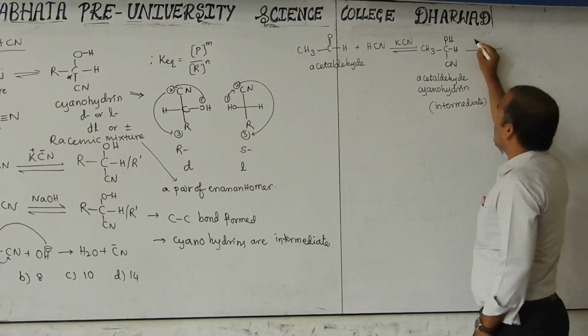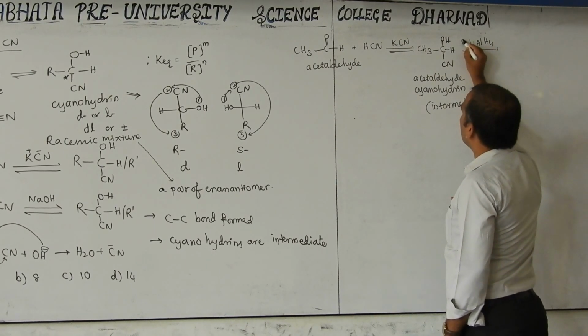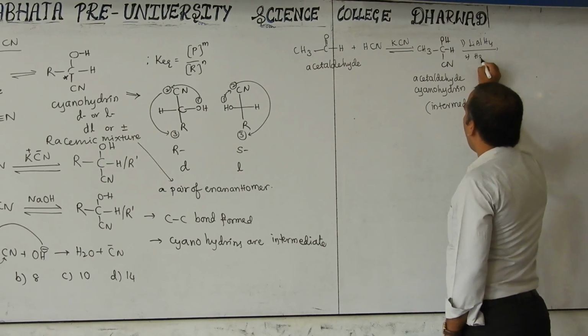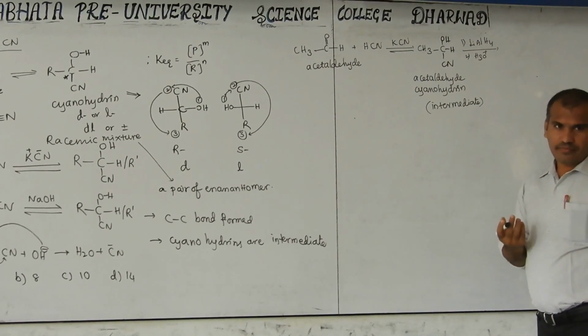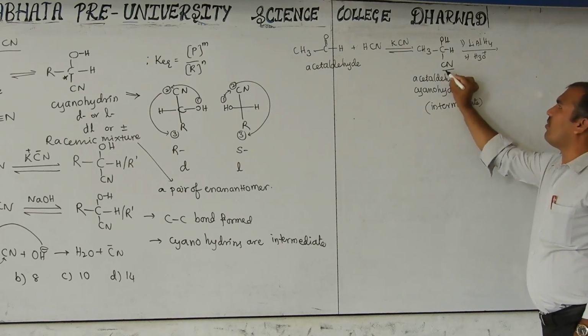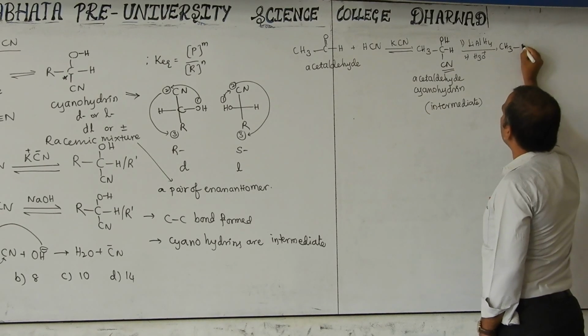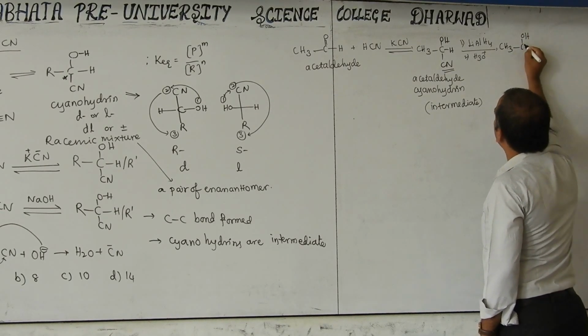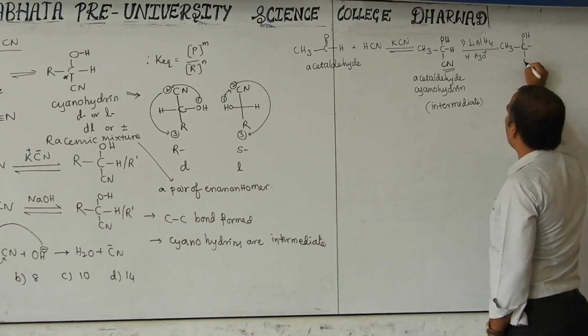If you take lithium aluminium hydride in the first step, the second step is acidic hydrolysis, as we know from the alcohol chapter. These are reducing agents. Cyanide is converted into amine. CH3, C, OH, and I want H down, anywhere, no problem.